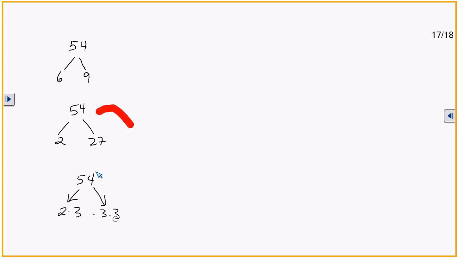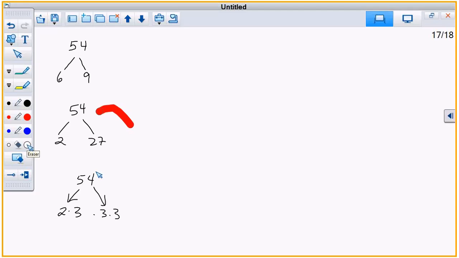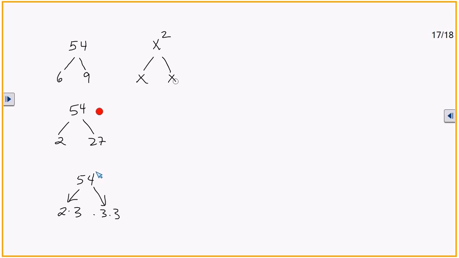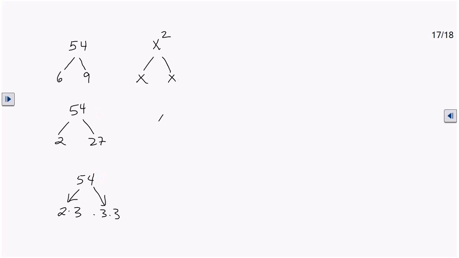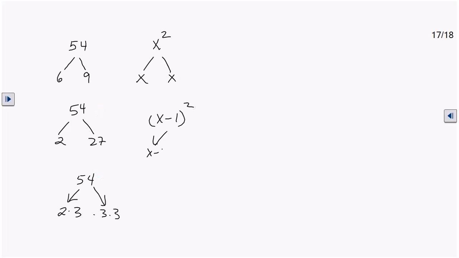So either way, factoring means expand into its multiples. That's what it means. So if I break up x squared, I'm breaking it up into x times x. If I break up x minus 1 squared, I break that up into x minus 1 times x minus 1.